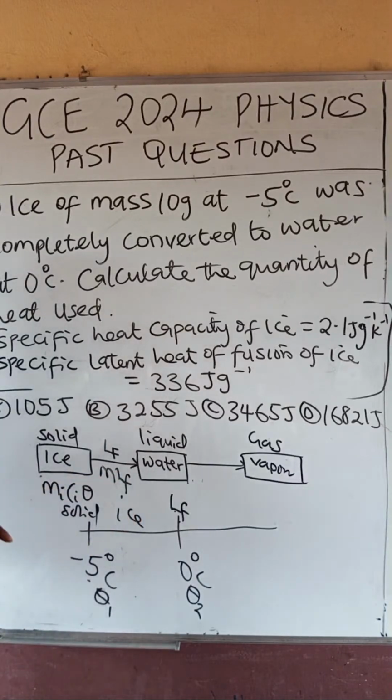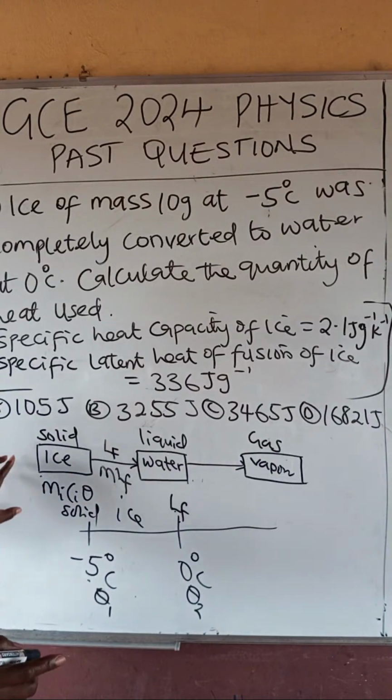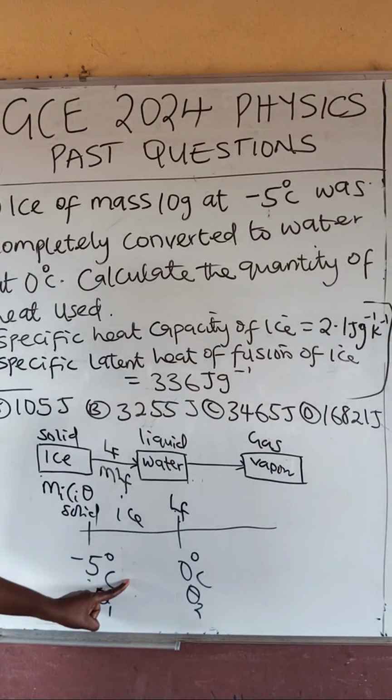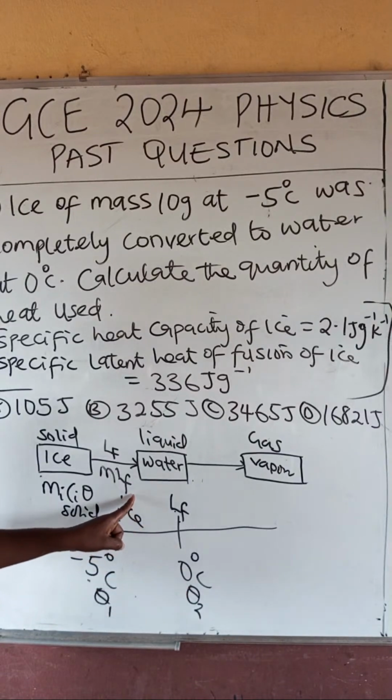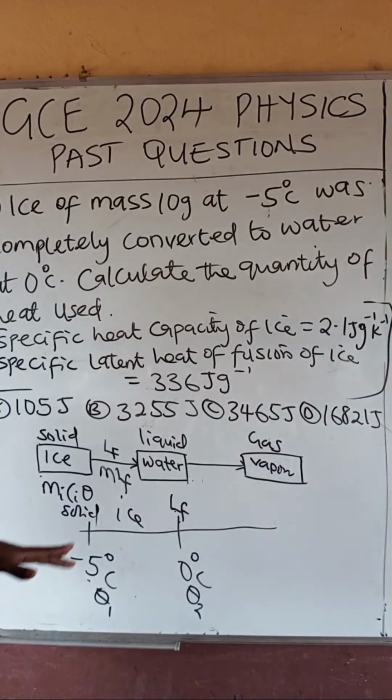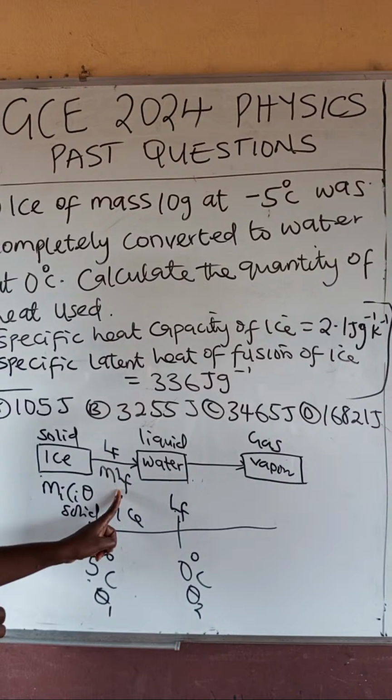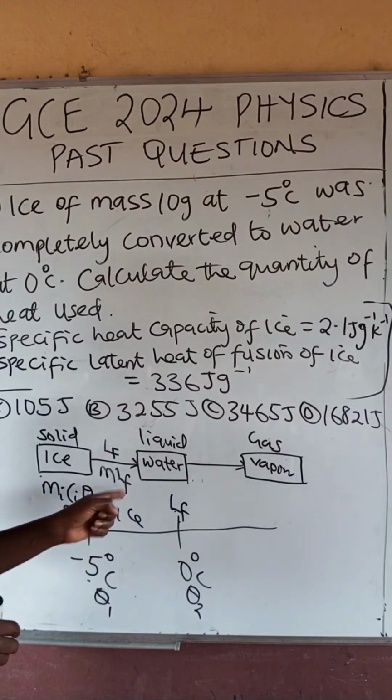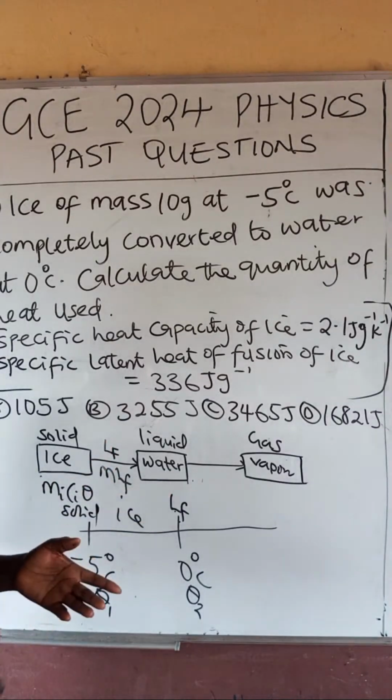F. Is that clear? The quantity of heat required to change from this ice to water at 0 degrees Celsius. But if they say to water at 10 degrees Celsius, it's no longer here, because heat has been applied to it. It will now move to this place. I don't know if you get it.